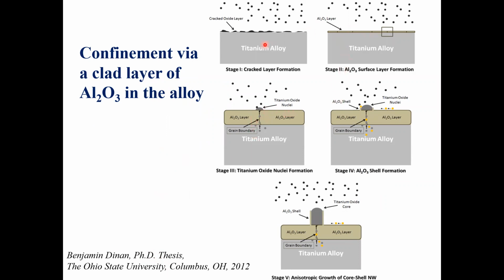You basically create a thin layer of aluminum oxide first, so your titanium has to diffuse along the grain boundaries of the aluminum oxide layer, come in contact with oxygen and form TiO2. Then the alumina layer keeps on growing along the surface, and you keep on supplying titanium from the substrate and keep on oxidizing from the nutrient, which is oxygen in the argon gas.